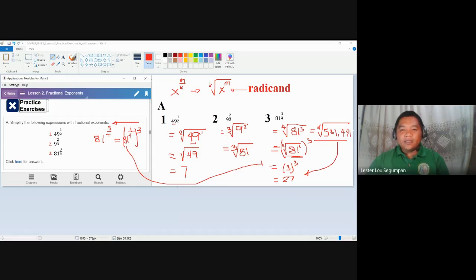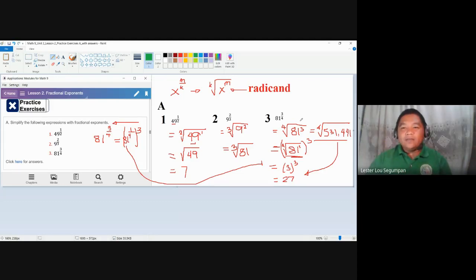You can multiply 27 four times. Let's find out if it's really 531,441. For some of you, probably you already did that using your calculators. Yes, the fourth root of 531,441 is actually 27.